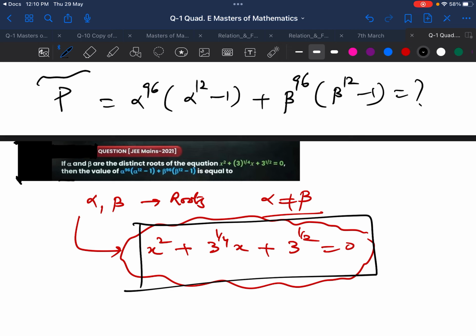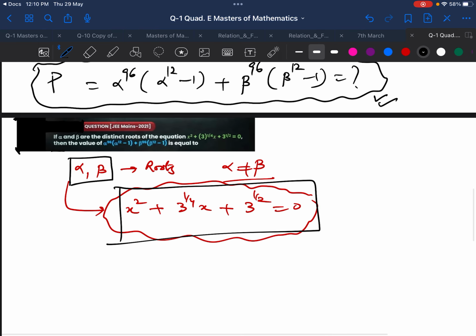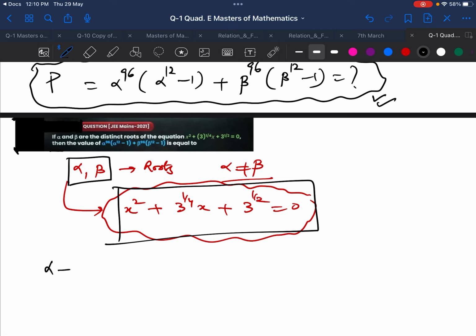We have been given that alpha and beta are roots. So first of all, I have to think how I can reach this expression. As students generally do, alpha beta roots, so alpha plus beta is minus b by a. They generally write minus 3 raised to power 1 by 4 over 1.